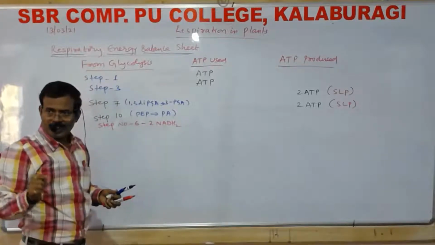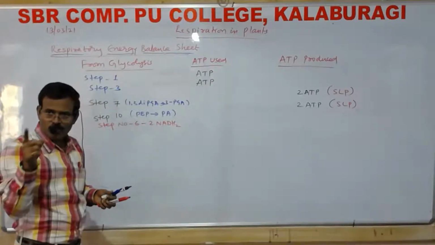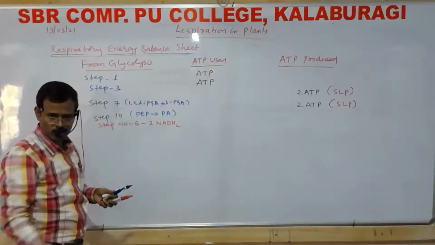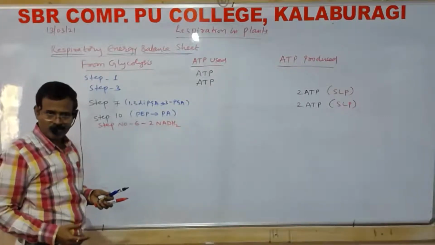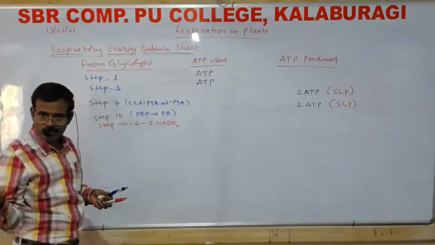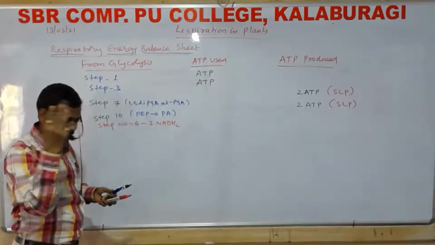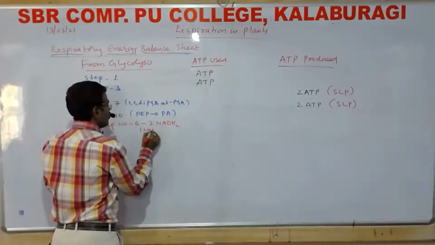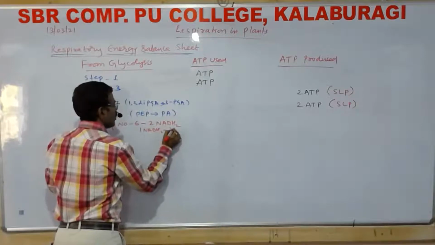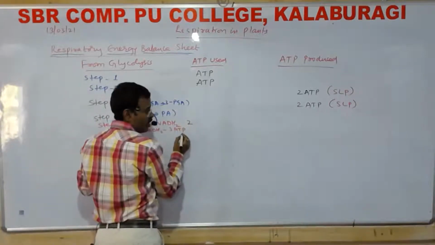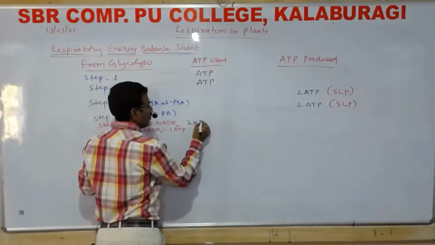Now, each NADH2 will be subjected to oxidation during the electron transport system. We learned in the previous class, one NADH2 on its oxidation yields 3 ATP. So how many are there here? 2 NADH2 into 3.